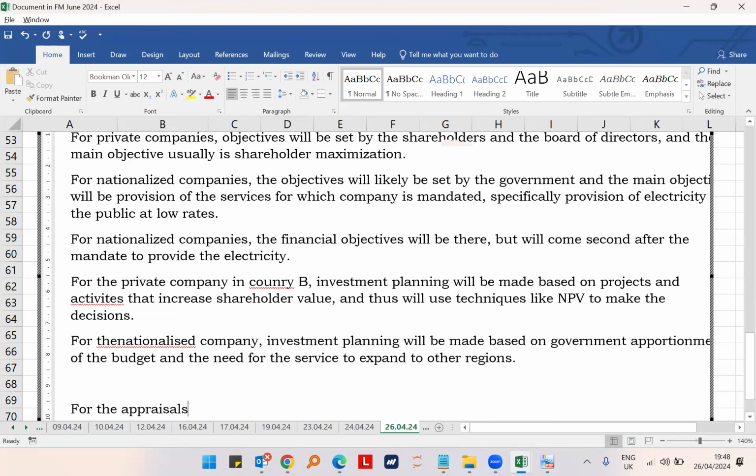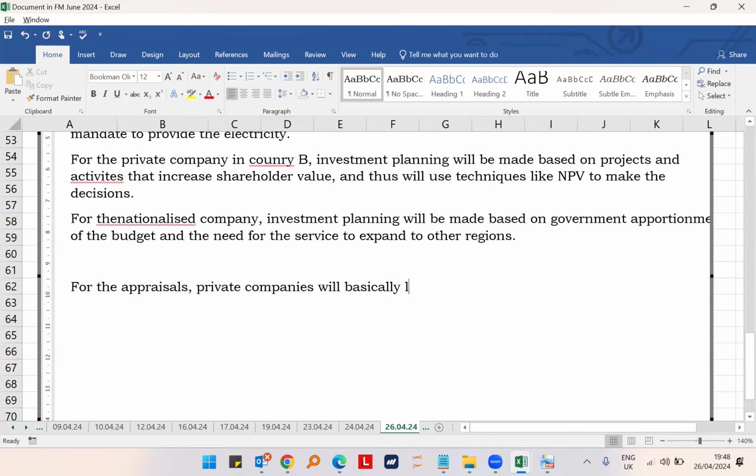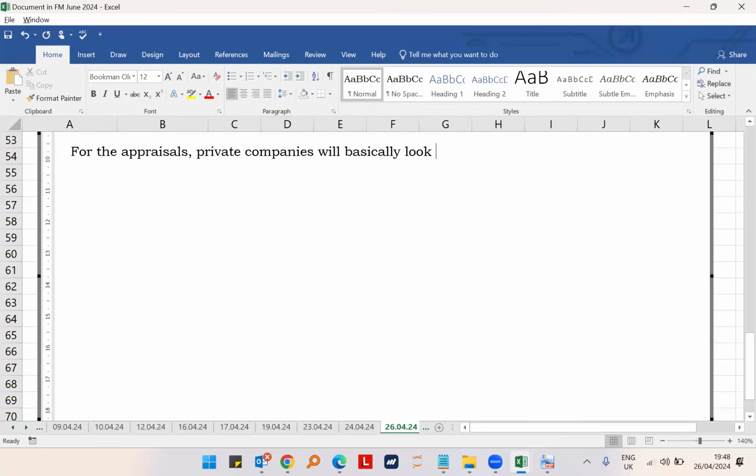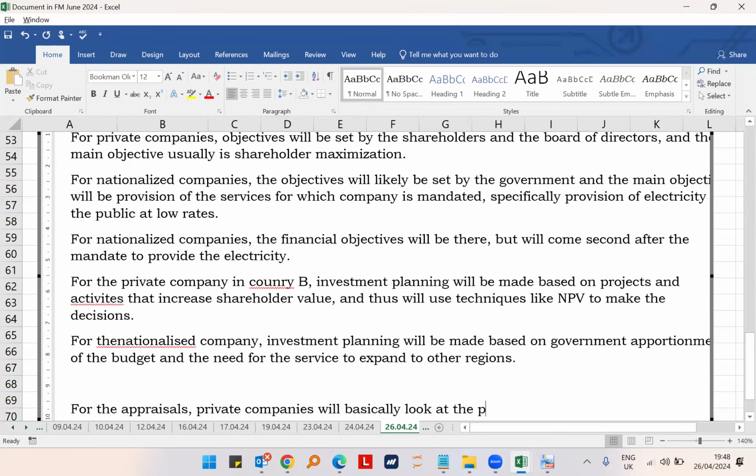So for the appraisals, private companies will basically try to look at the profitability of the project, specifically maybe return to the shareholders. Okay.